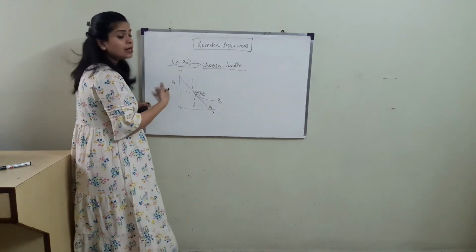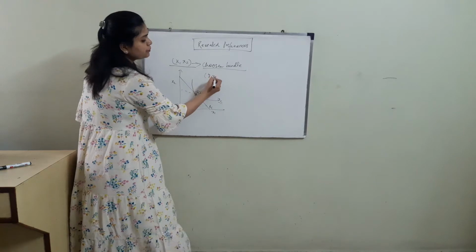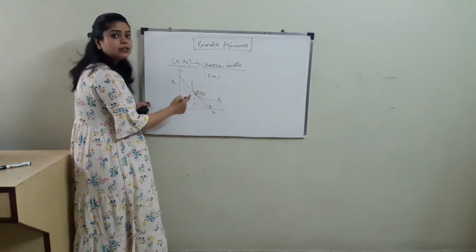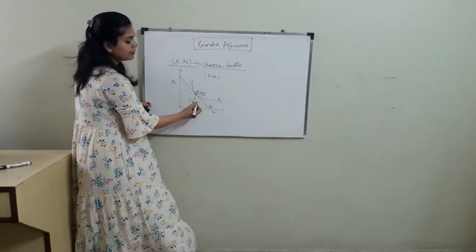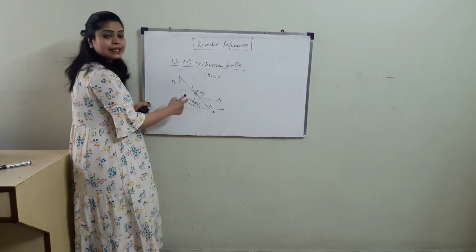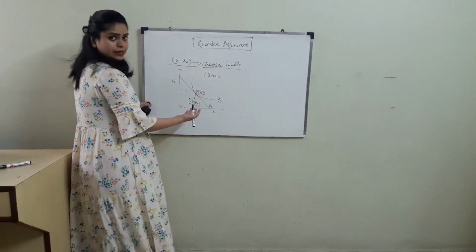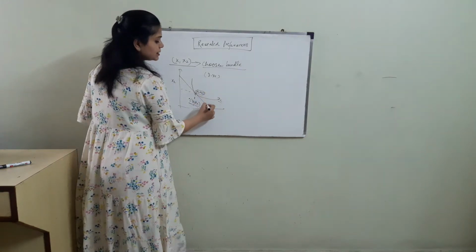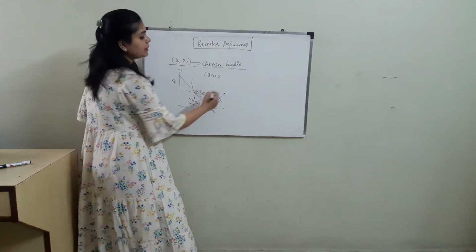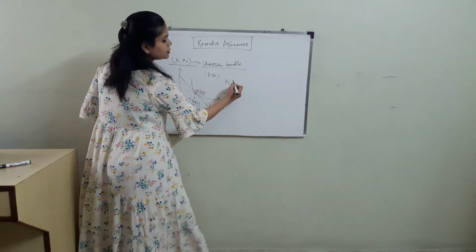Now let's say there is some other bundle, say y1, y2, which lies inside the budget line. So what can we say here? Corresponding to the budget line we have prices P1, P2.